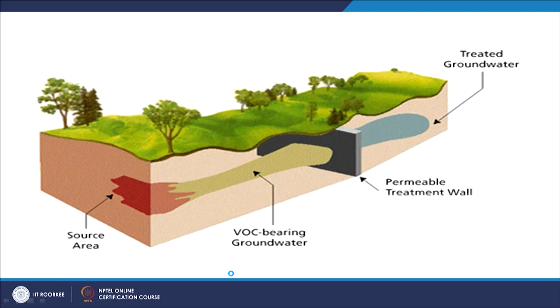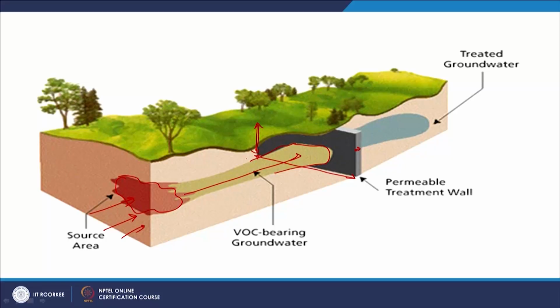So again, a different view here. Here is my contaminated zone, and I have groundwater flowing through, right? And as you can see here, this is the thickness of the relevant PRB, but aspects to be considered carefully are the length and the width or the height of the PRB, right?